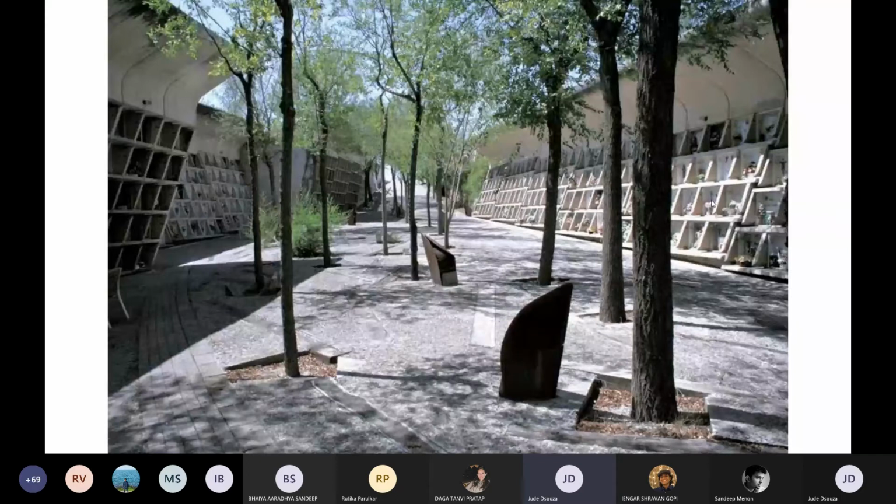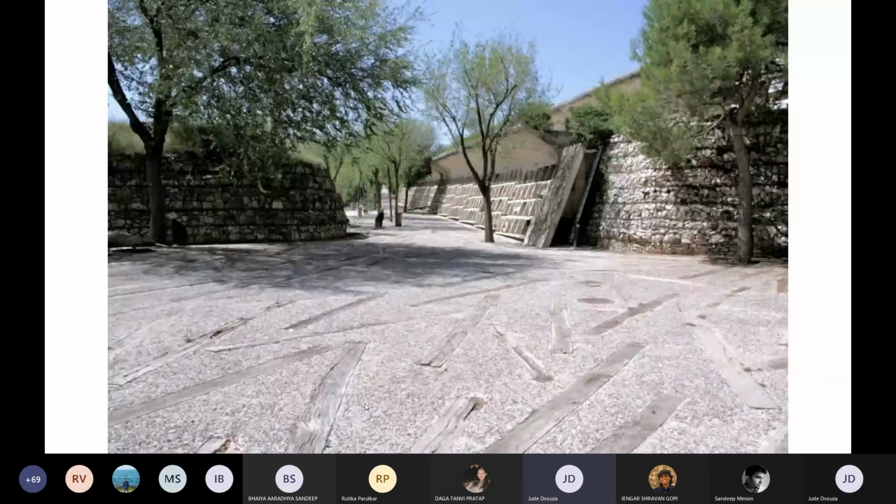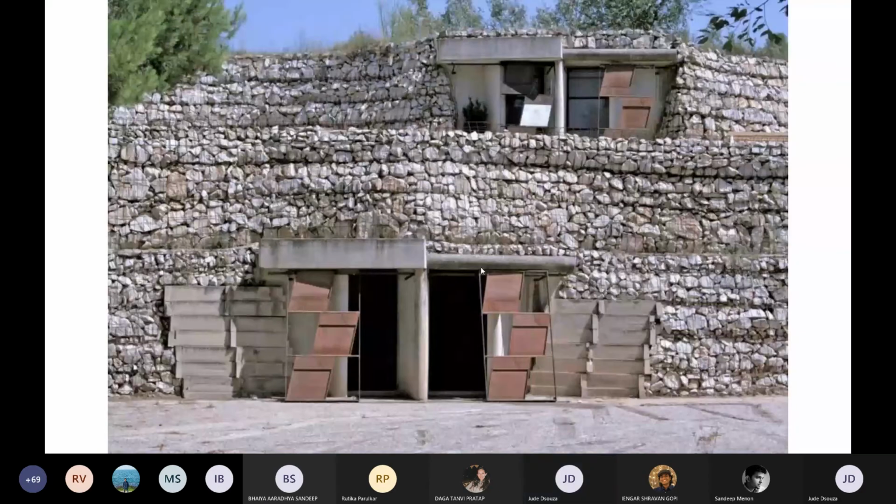The landscape is a hard paved surface in between, with trees popping through, and these little bits sprinkled across the land, all timber embedded into the ground. These are the gates which open into the areas where the crypt is located.